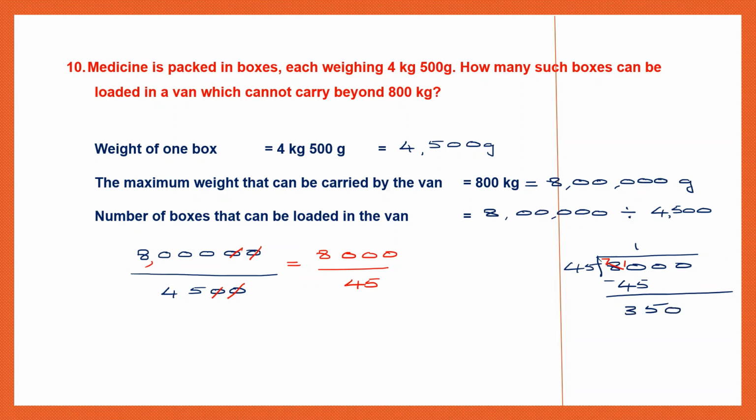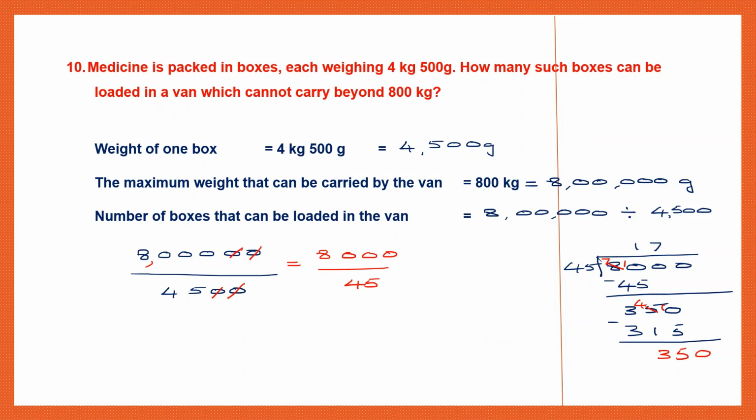Now 45 into 7, let's try 45 into 7 and see what we get. 7 5s are 35, carry 3, 7 4s are 28, 29, 30, 31, 315. So let's write 315. Now subtract, again we have to borrow here. So this is 4 and this is 10. 10 minus 5 is 5 and 4 minus 1 is 3 and then we bring down a 0.